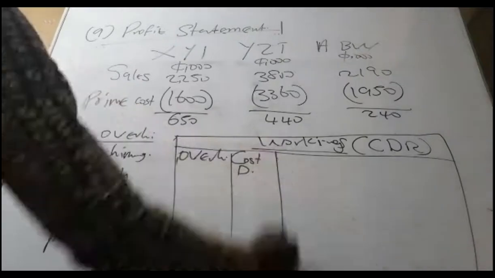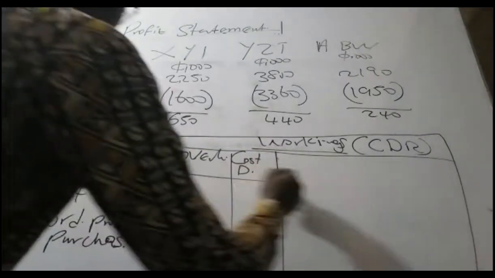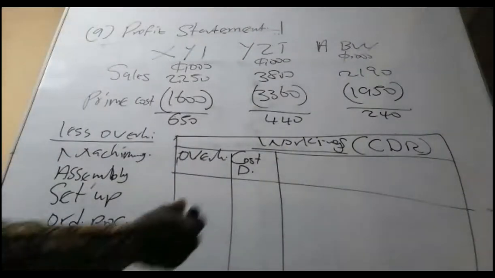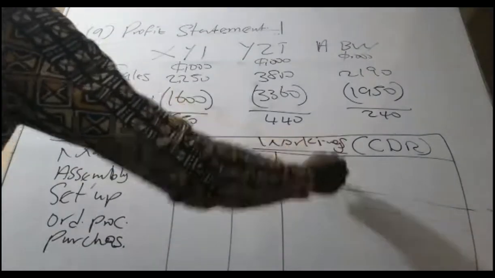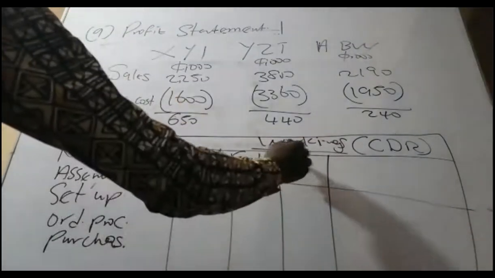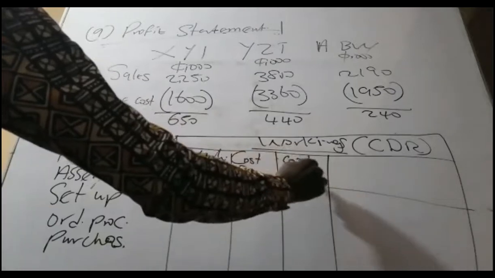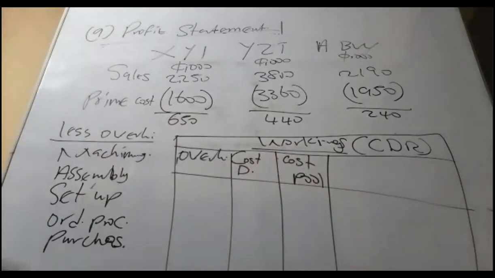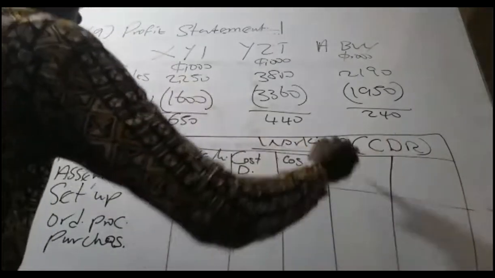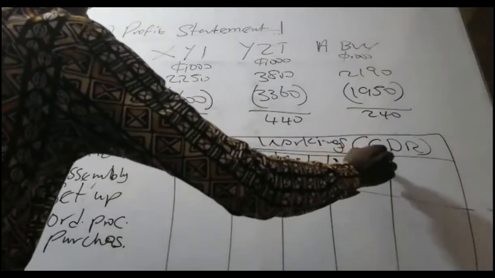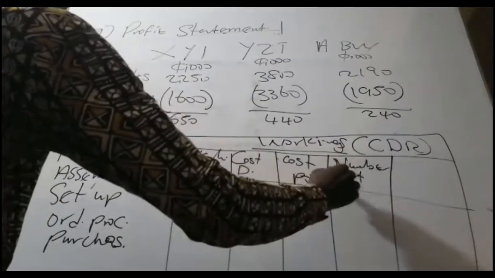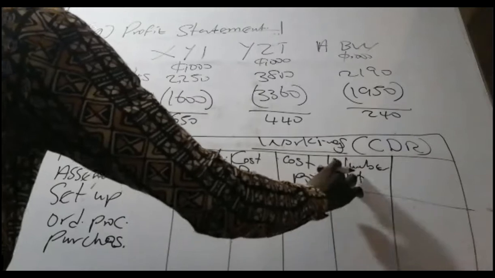From the cost driver, you move on to the cost pool, and from the cost pool, we go to the number of drivers.